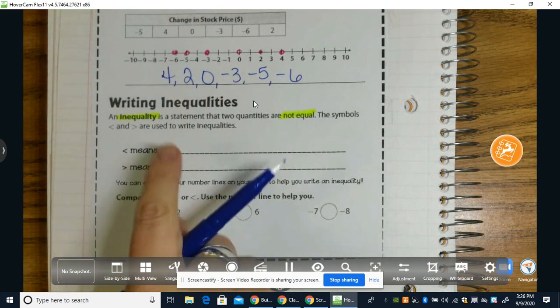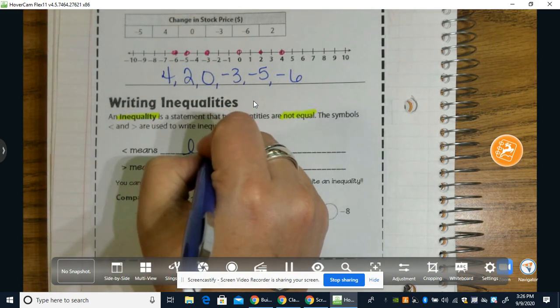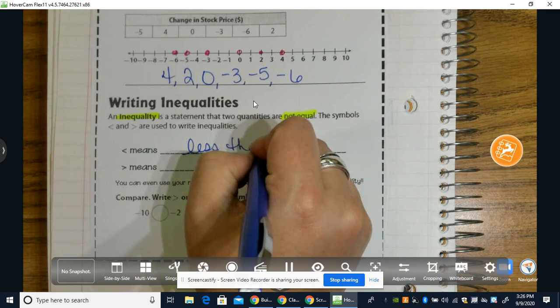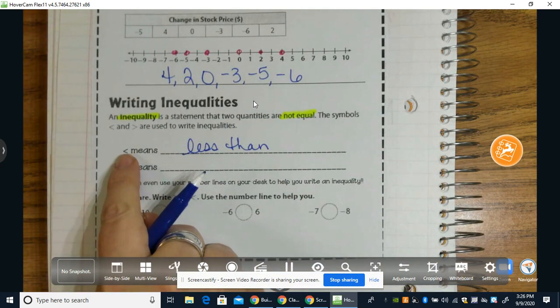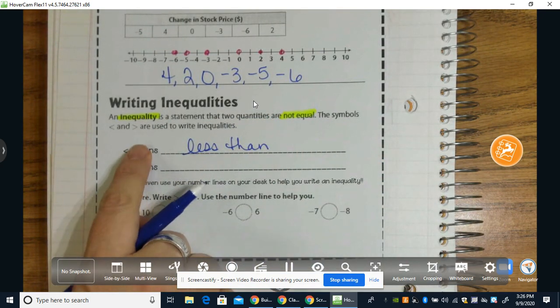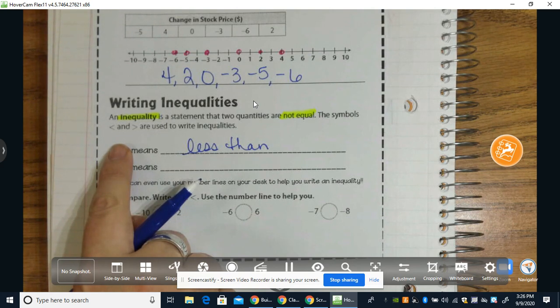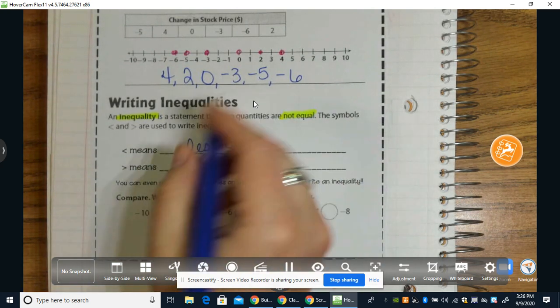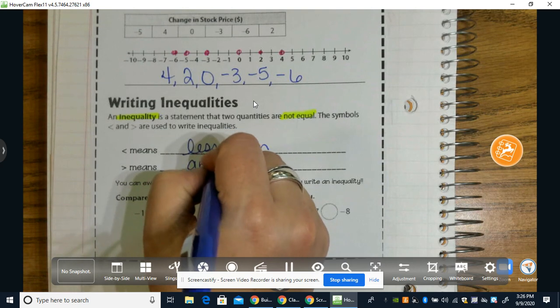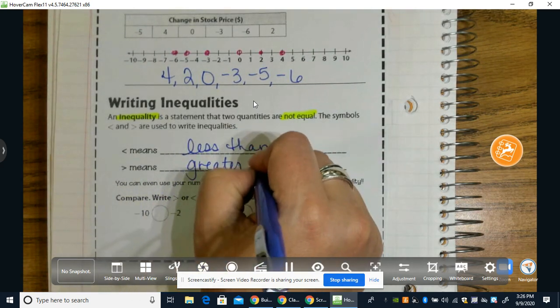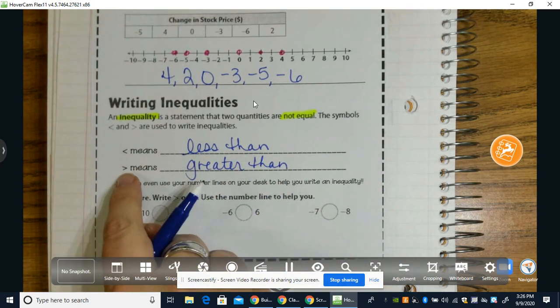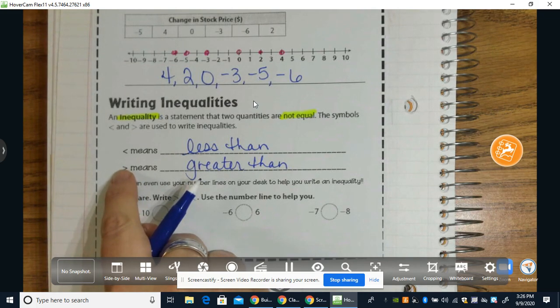So this symbol right here means less than. Okay, and I think of this as a lazy L that fell over, because if you straightened it up a little bit, it becomes an L. And this then is greater than. And if you think back to your kindergarten and first grade years, the mouth is open, so it's greater.